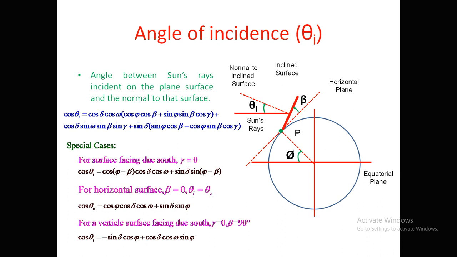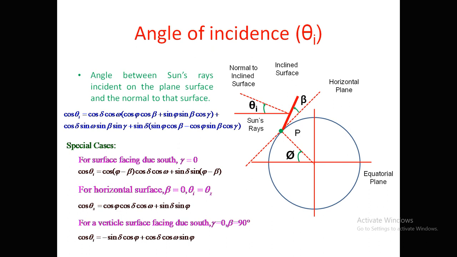These are the special cases of the blue colored equation. I don't think you need to memorize these three, because if you clearly understood the concept and can memorize the blue colored equation, you can simply substitute these values whenever it is required. Then you definitely get these special cases. It's very simple, so please try to practice on this.